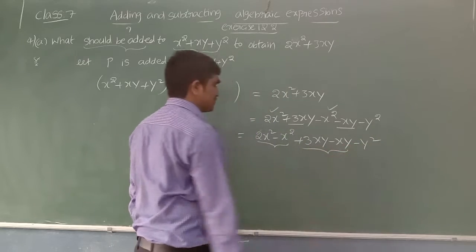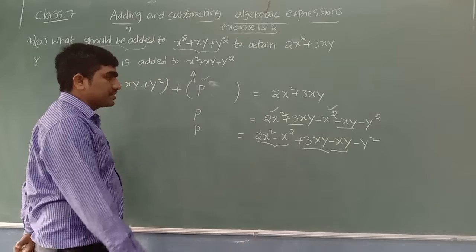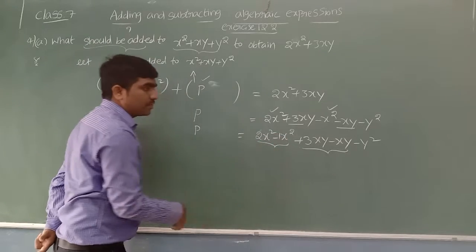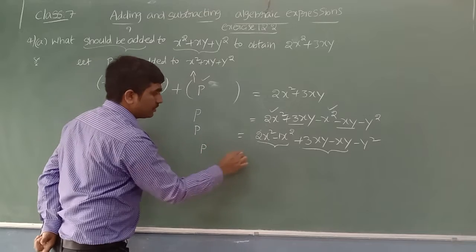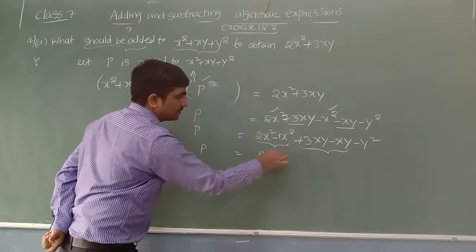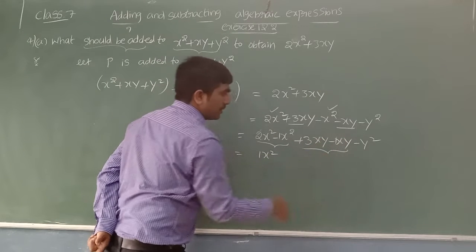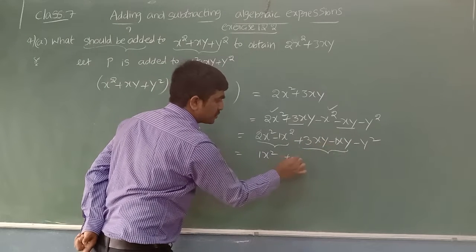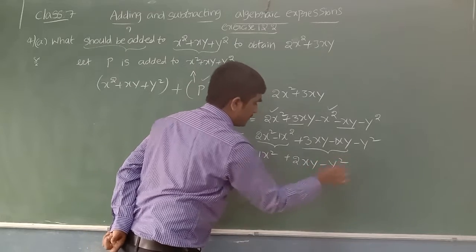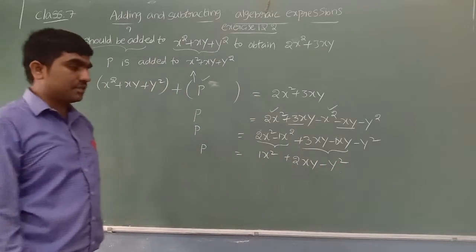Now simplify the coefficients. The x power 2 coefficient is 2, and where there is no coefficient it means 1. So p is equal to 2 minus 1 x square, plus 3 minus 1, that is plus 2xy, and the leftover is minus y square. That's all. There are no other like terms.